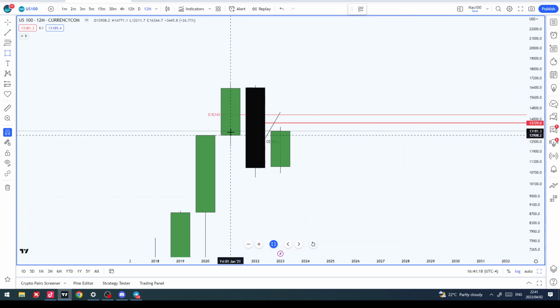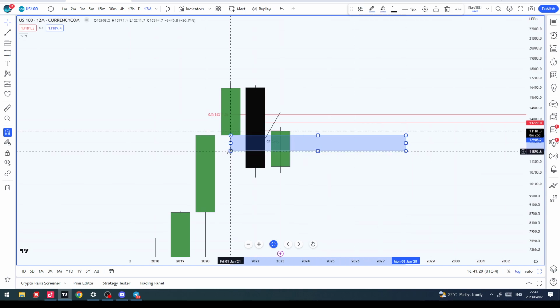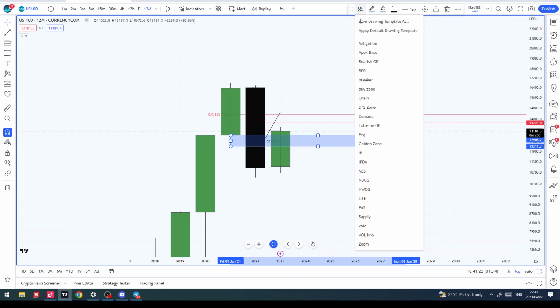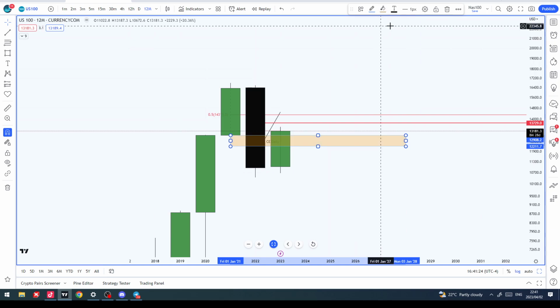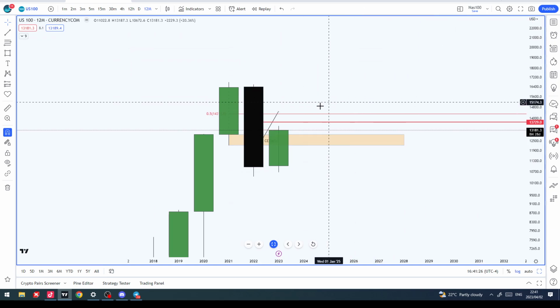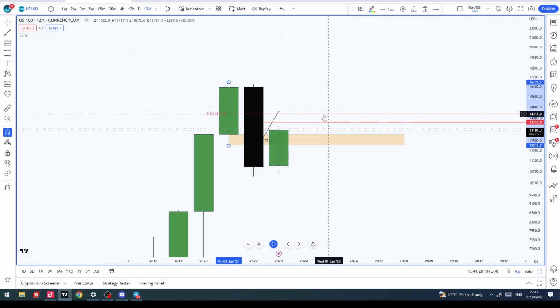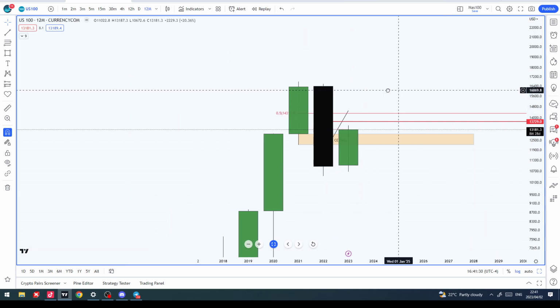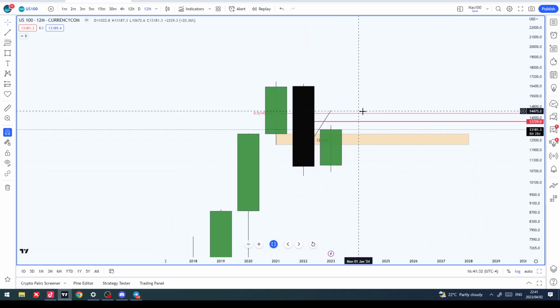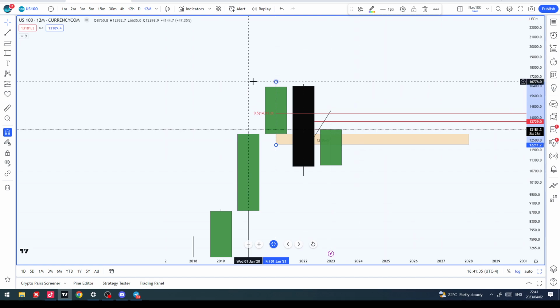Let's call it there. Make it orange. And 50% of that is still quite high, 14.3. But that's like last resort, last stand kind of levels all the way up there.